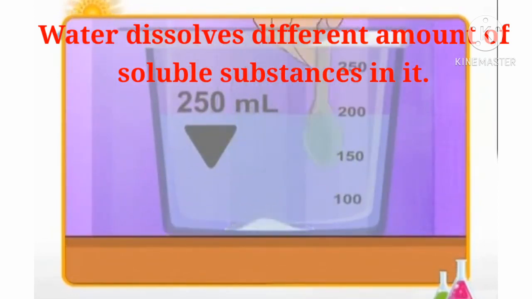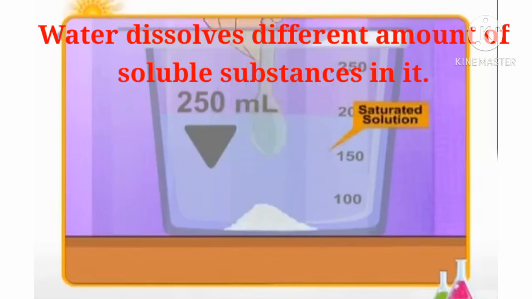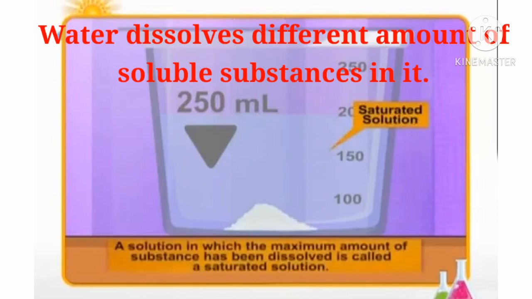Okay children, to the above salt solution, keep adding salt and stir it well. After some time, salt will not dissolve in it, but it settles at the bottom of the glass. So, now you will not be able to dissolve any more salt in it.